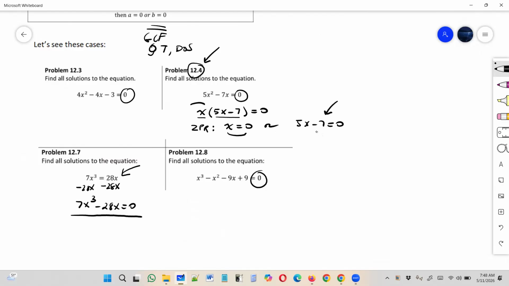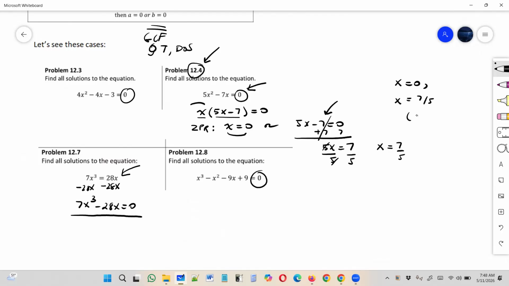In this case, I need to solve this equation, so I'm going to add 7 to both sides, and I'm going to divide everything by 5. And that's it. I'm done. So this problem has two solutions: x is 0, x is 7 over 5.